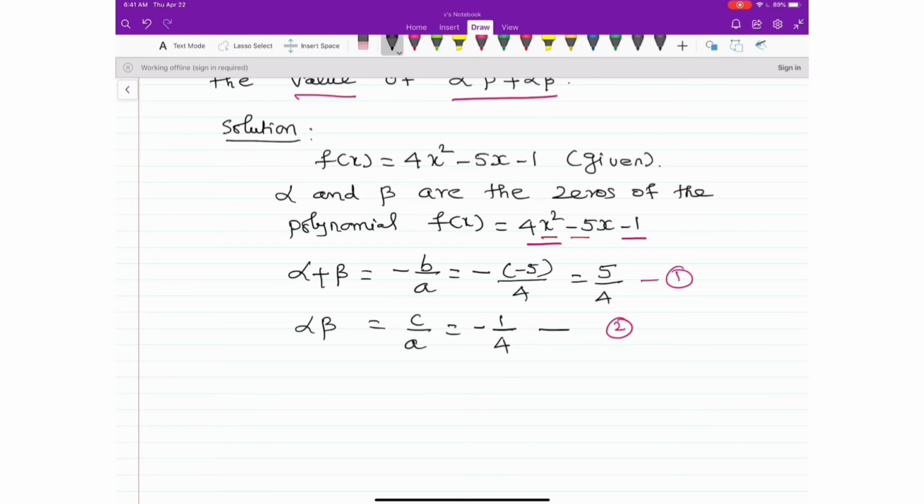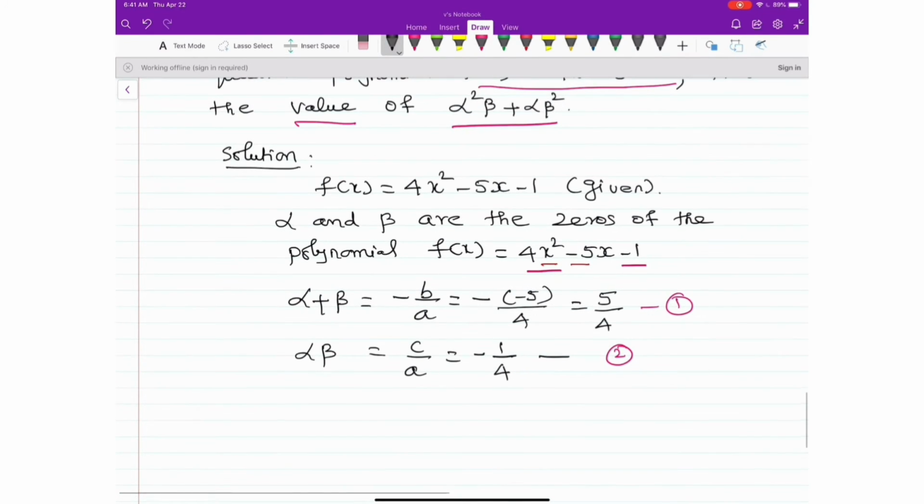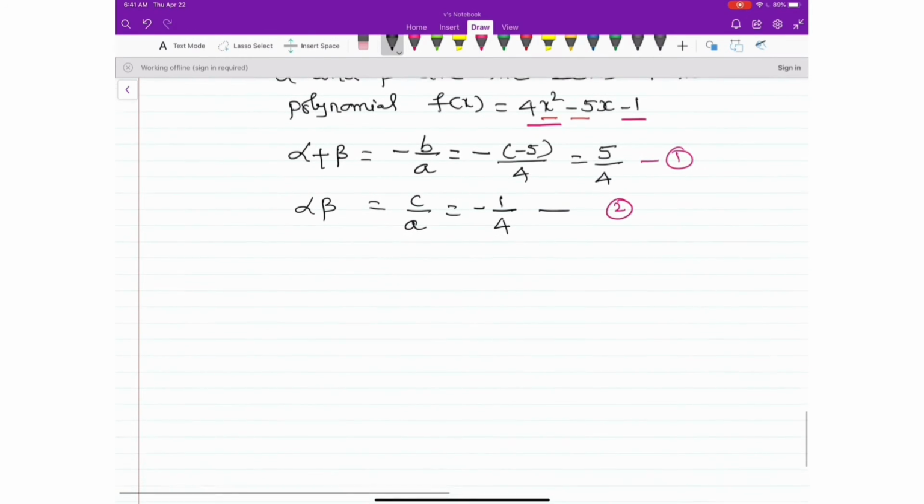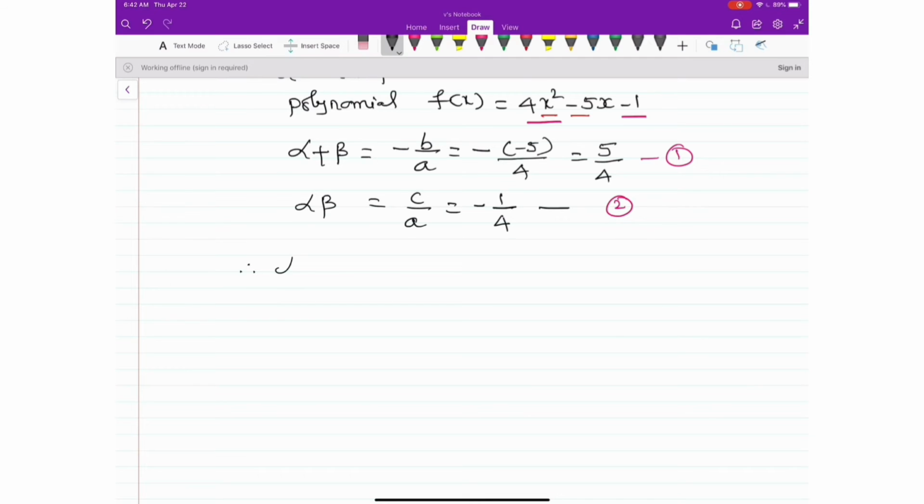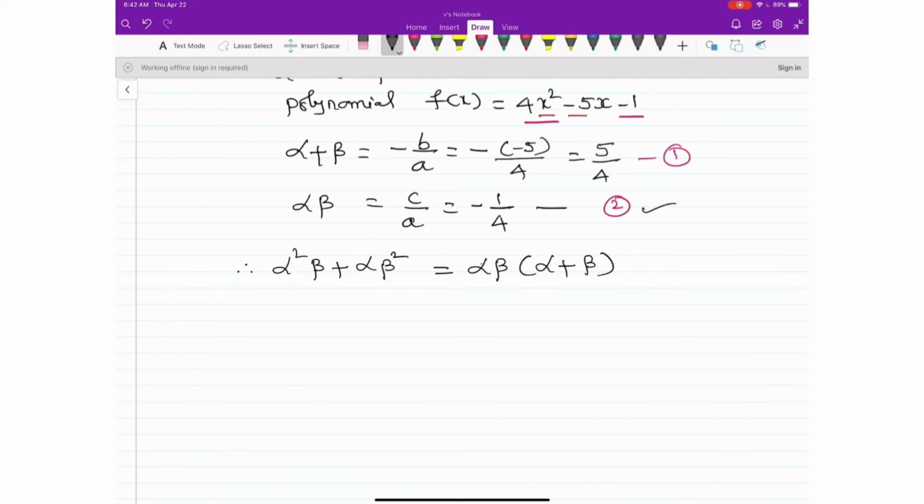You have to find the value of alpha² beta + alpha beta². Therefore, alpha² beta + alpha beta² is equal to alpha beta times (alpha + beta). Now, you know alpha beta is −1/4 and alpha plus beta is 5/4.